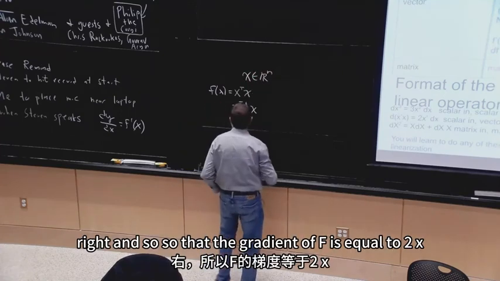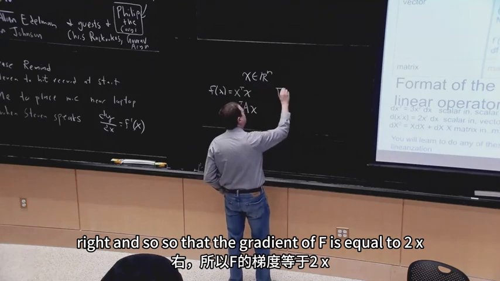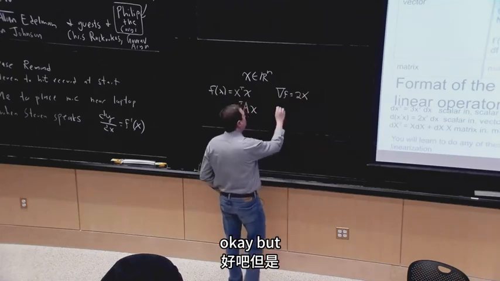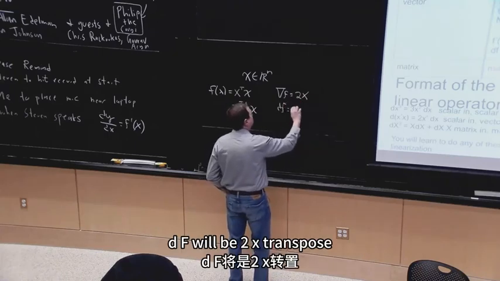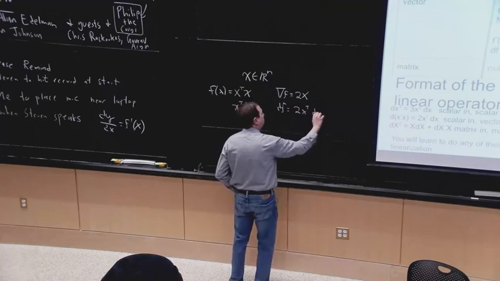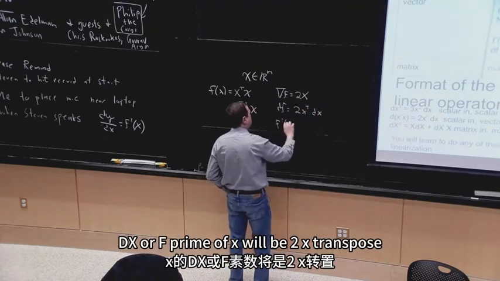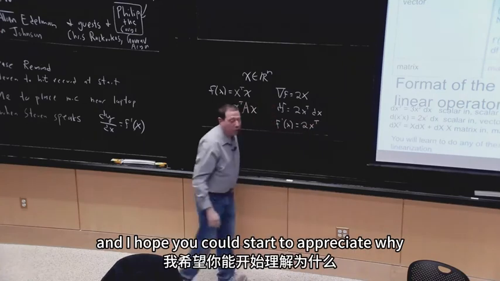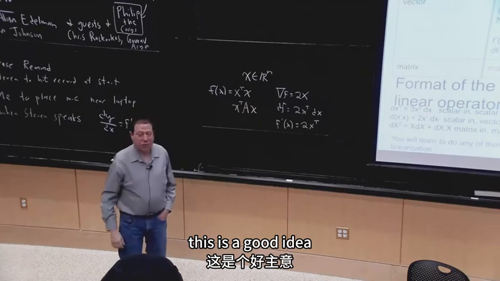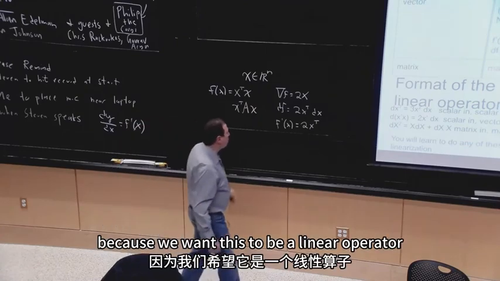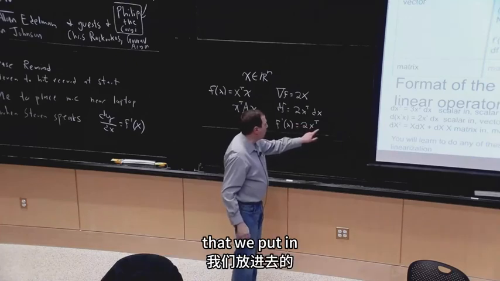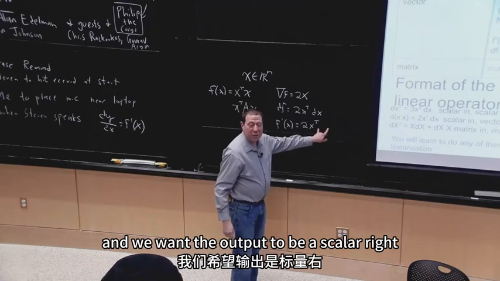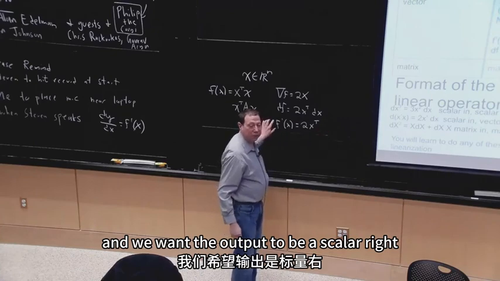And so the gradient of f is equal to 2x, okay? But df will be 2x transpose dx, or f prime of x will be 2x transpose. And I hope you could start to appreciate why this is a good idea, because we want this to be a linear operator that we put in, you know, we put in a little vector change, and we want the output to be a scalar, right?